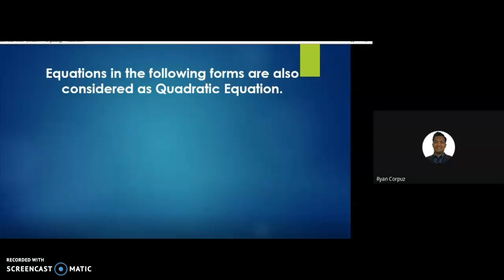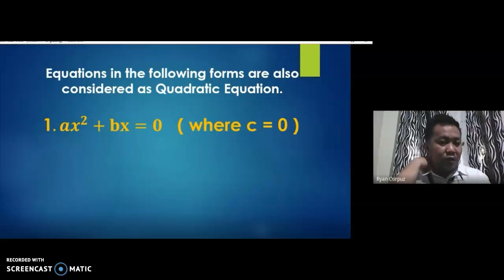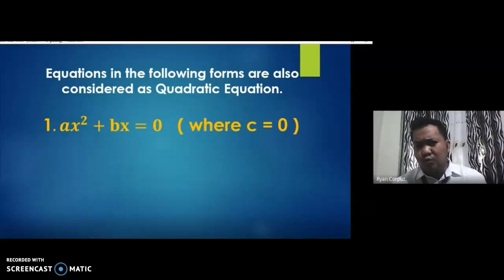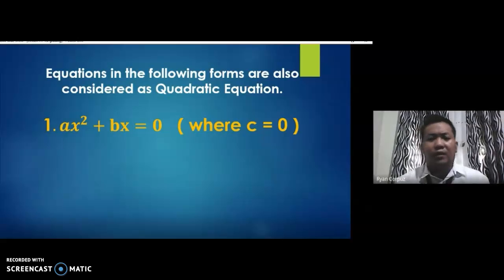But I'm not saying that these equations are incomplete. These equations are also considered quadratic equations. Let's take for example the first one, the equation ax squared plus bx is equal to 0. If you compare this to the general form of the quadratic equation, the constant term is not present in the given equation.